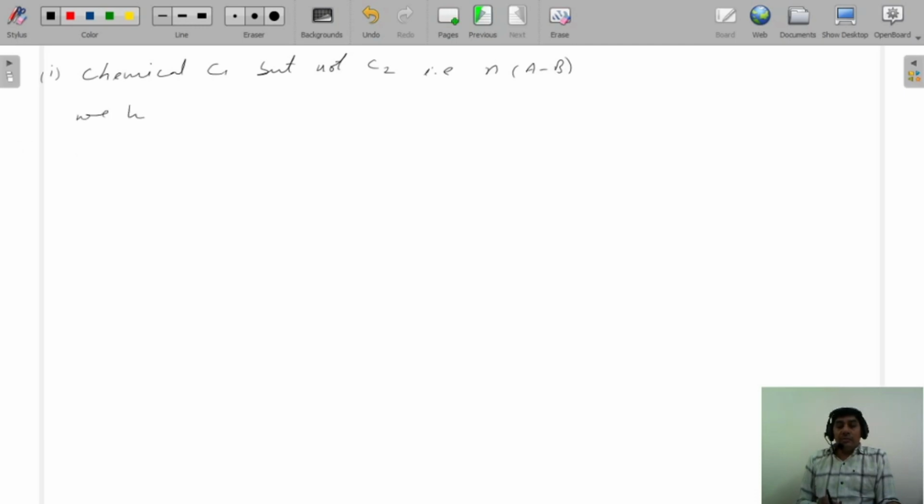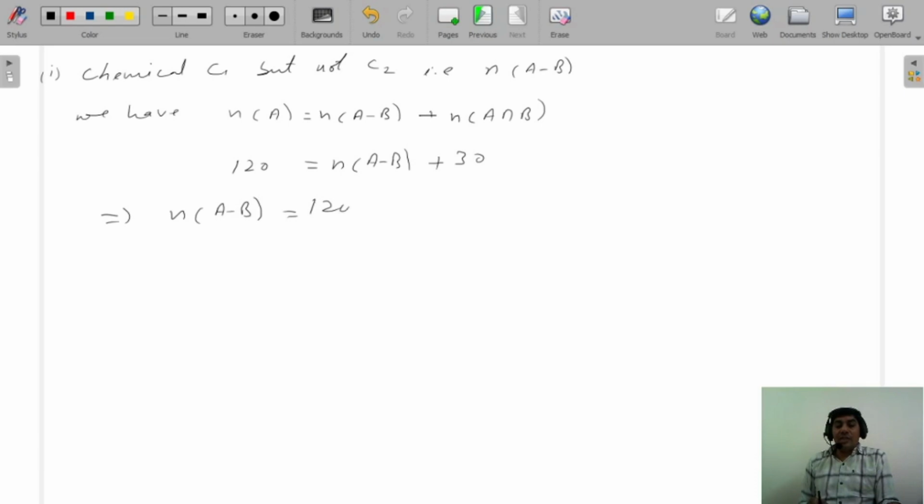We have n of A is equal to n of A minus B plus n of A intersection B. Putting the values, n of A is 120 is equal to n of A minus B plus 30. This implies n of A minus B is equal to 120 minus 30 is equal to 90.